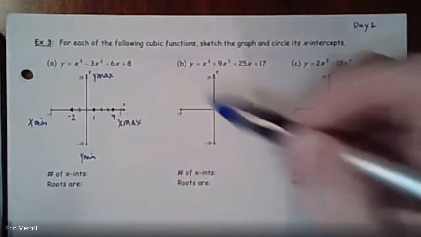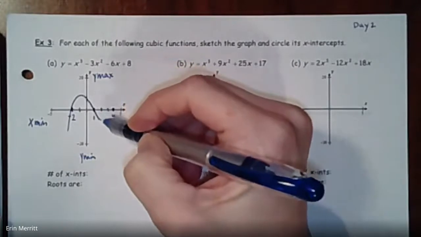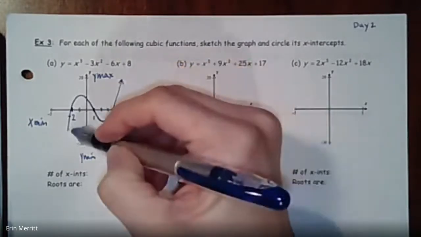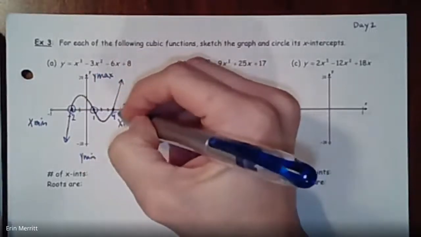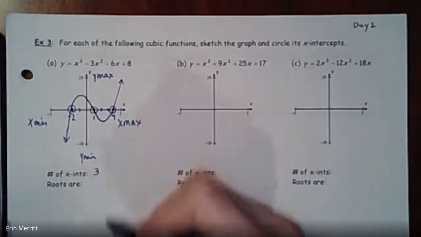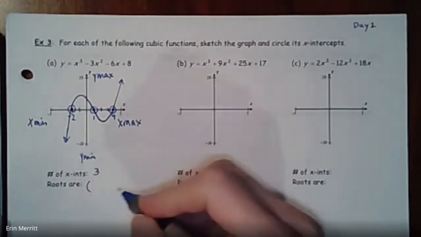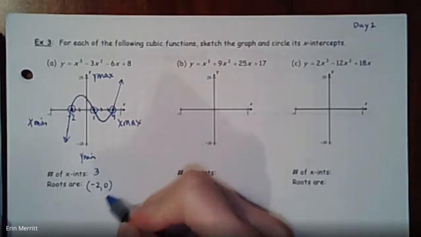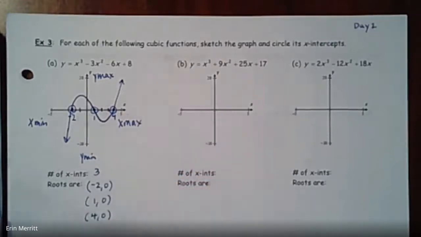All right, so when I sketch this, to the best of my ability, just coming up, coming back down, and keeps going. So here's 1, 2, 3 x-intercepts. So when it asks what's the number, 3 is what I'm looking for. What are the actual roots? Well, that's the same as the x-intercept. They're happening at -2, 0, at 1, 0, and at 4, 0.